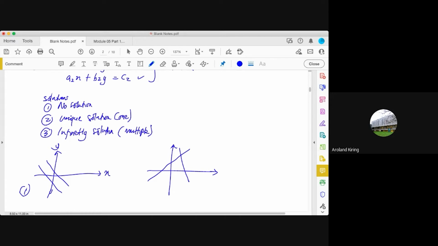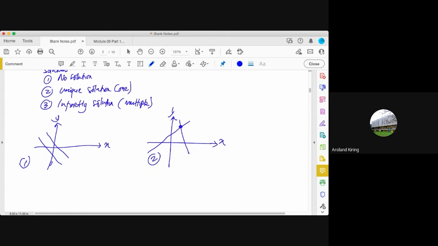You have an intersection between these two graphs, but the intersection is only one. So in this case, you have a unique solution. Even if you take y toward positive and negative infinity, the same as your x, you can only get one intersection there.